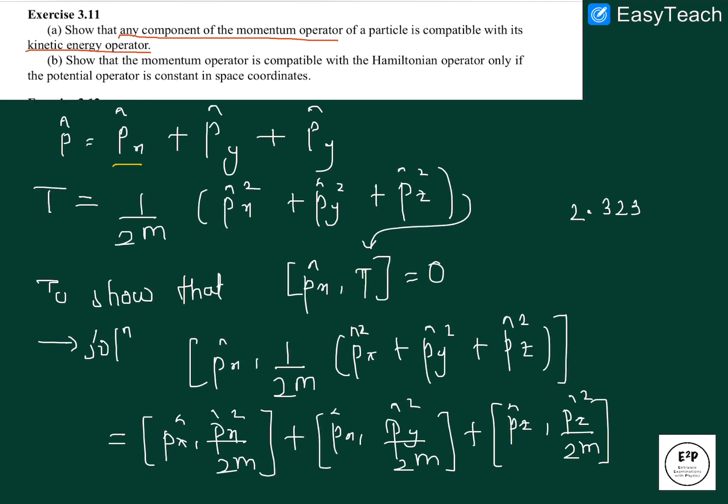Please go and look up equation 2.323 for further simplification of these three terms.